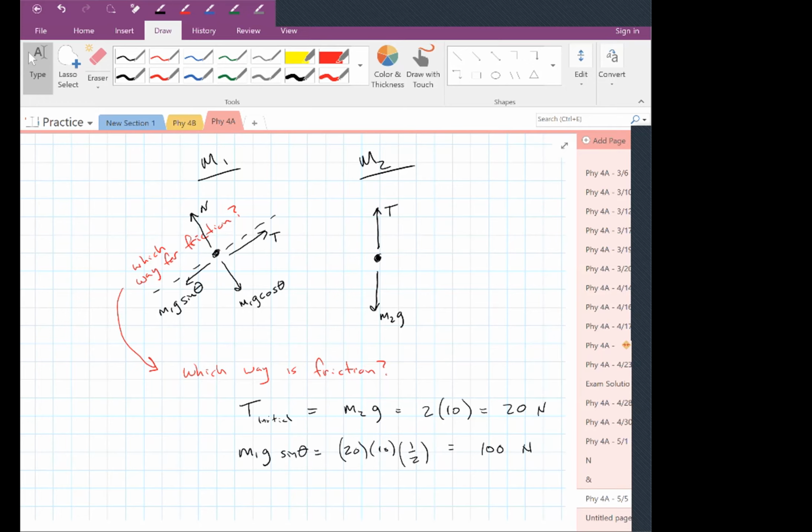Okay. So what's it going to do? It's going to want to slide down the incline, right? So M1 wants to slide down the incline.